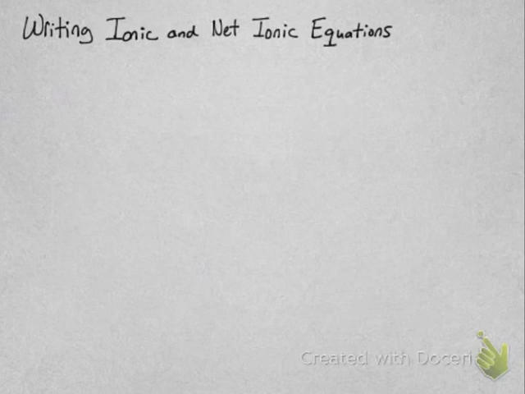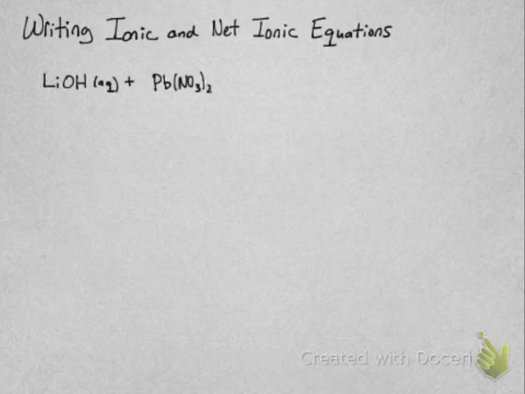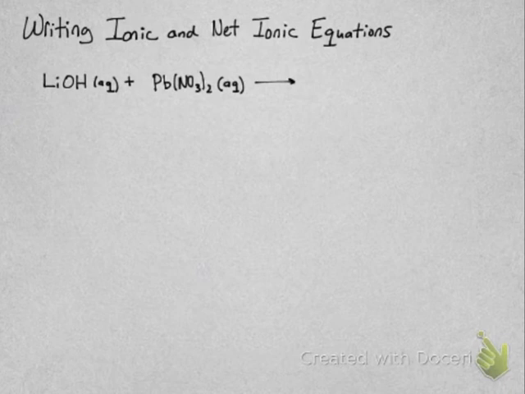All right, in this video we're going to write the ionic and net ionic equations from a completed double replacement reaction, a precipitation reaction. We previously predicted the products in this reaction between soluble lithium hydroxide and soluble lead nitrate.